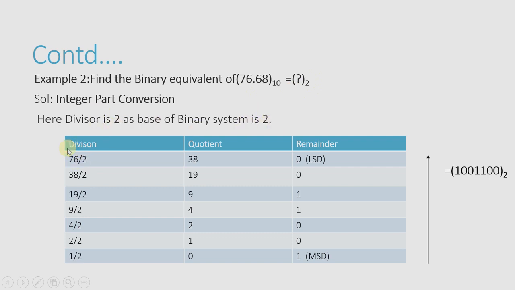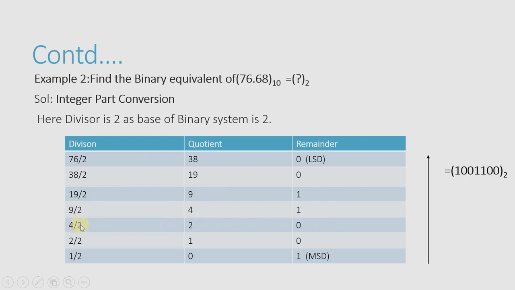So I have taken the decimal number 76 divided by 2. The quotient is 38 and the remainder is 0. Again we pick the quotient, divide by 2, and get the quotient 19 and the remainder 0. Again we pick 19 divided by 2, we get the quotient 9 and the remainder 1. Pick up the 9 divided by 2, we get the quotient 4 and the remainder 1.